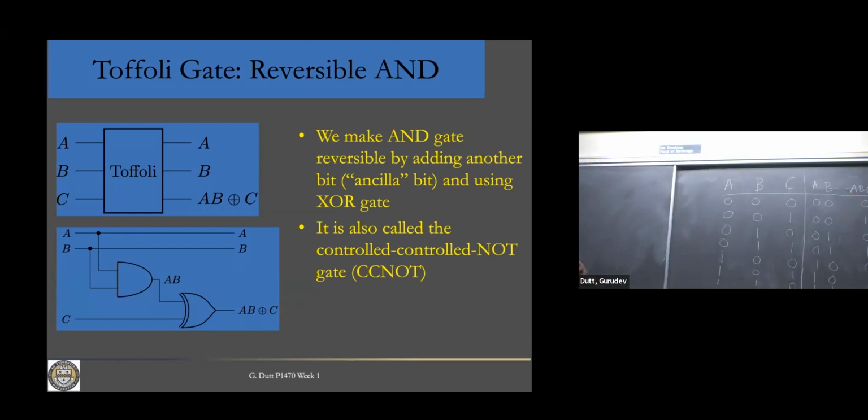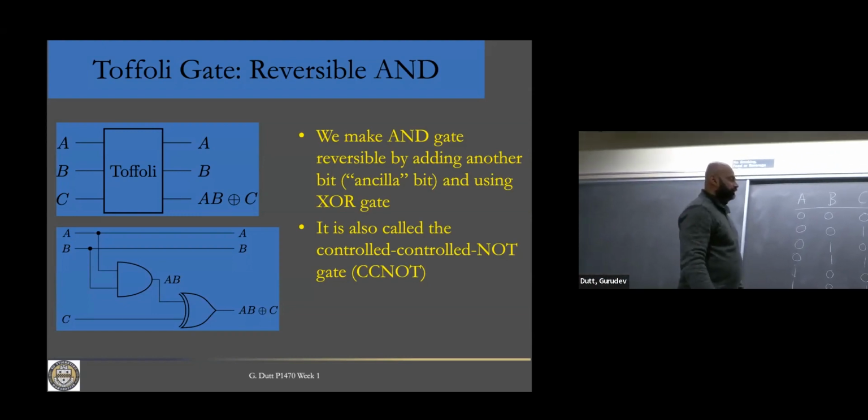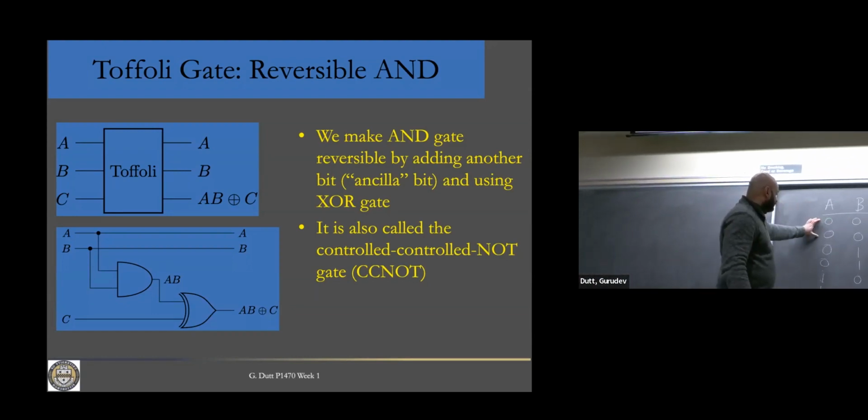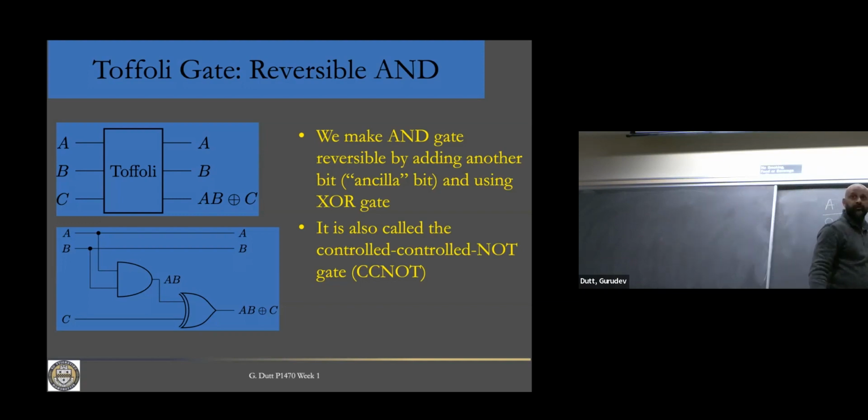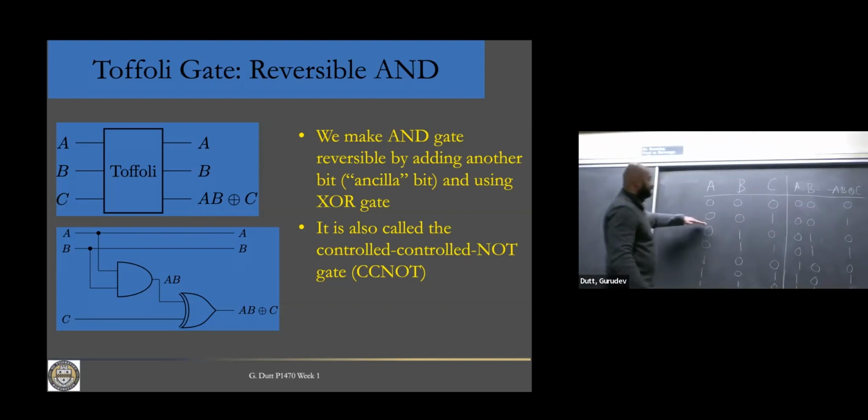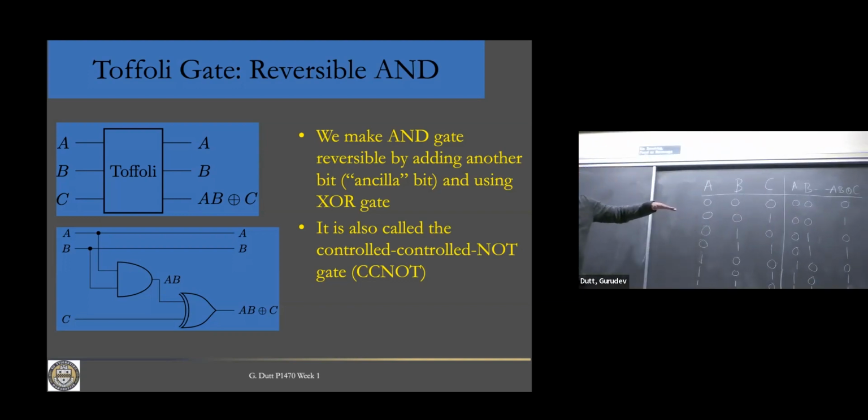So what you need to notice here is that for every row here where A and B are the same, right? So if you have 0, 0, then there is a row here that is different. So I can always return and figure out what the inputs were.